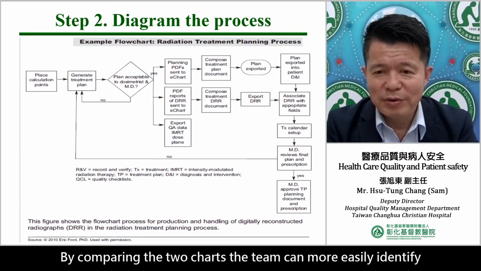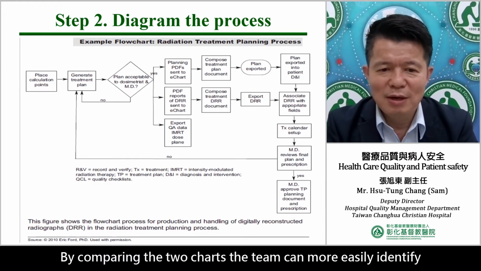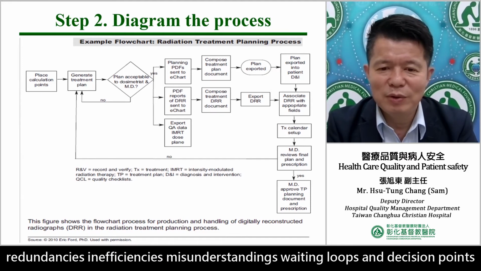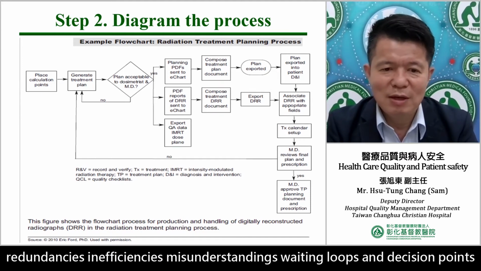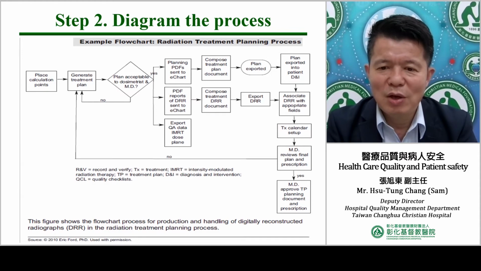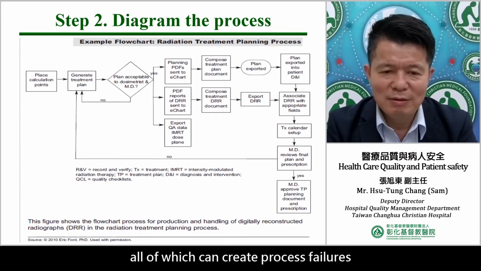By comparing the two charts, the team can more easily identify redundancies, inefficiencies, misunderstandings, waiting loops, and decision points, all of which can create process failures.